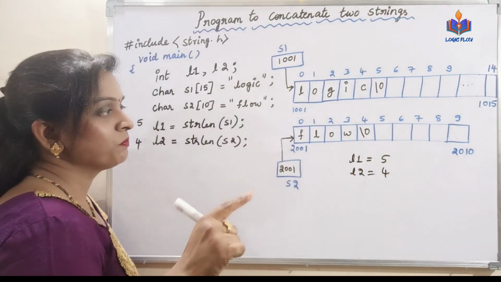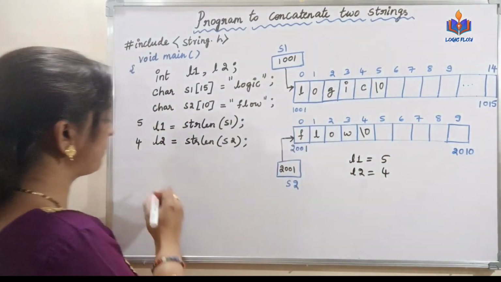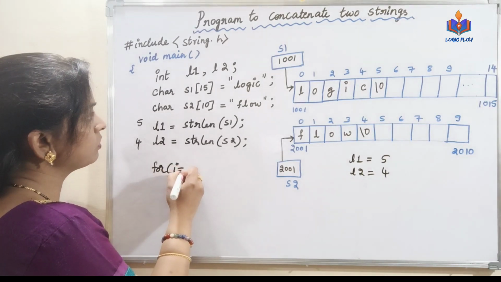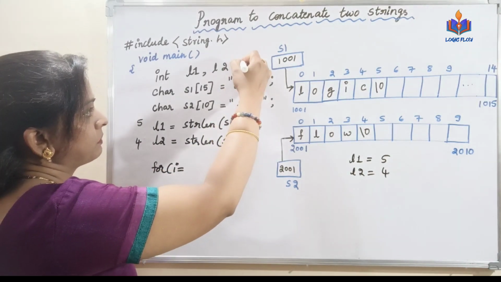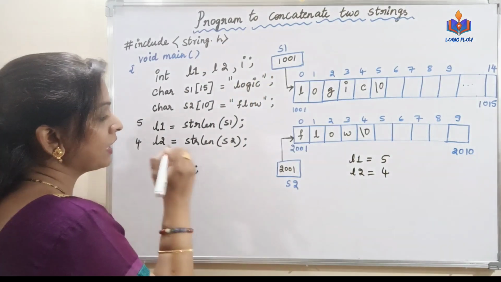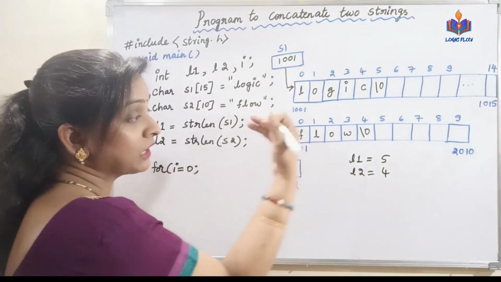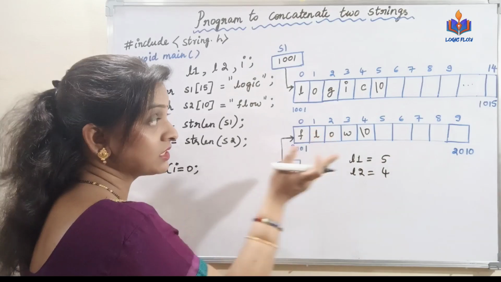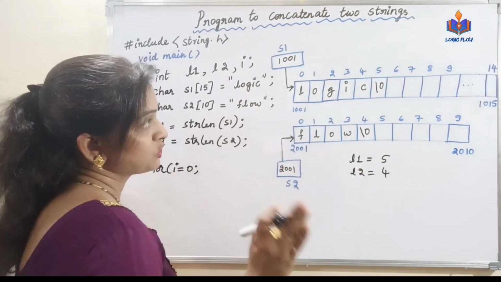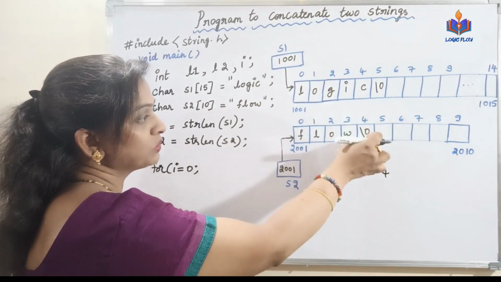Now I have to just transfer these characters to this, so I have to start a loop. I should have one more variable here, I. So I equal to 0, and I have to do this shifting of characters, a copy of this. It's not that I've completely removed these. It is taking the copy of these characters and appending to the string S1. I have to start the loop from 0 and go up to this null character.